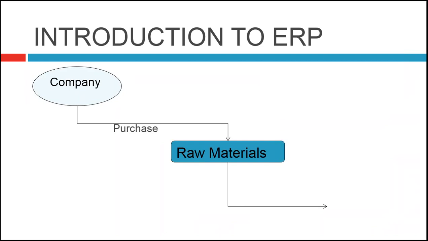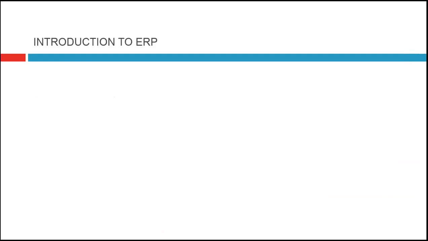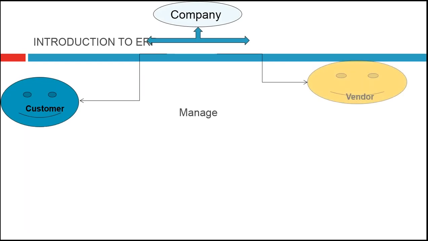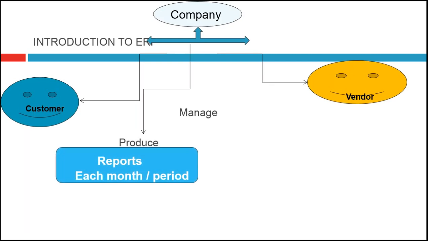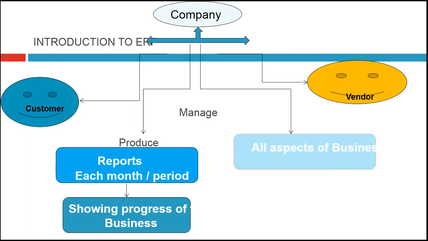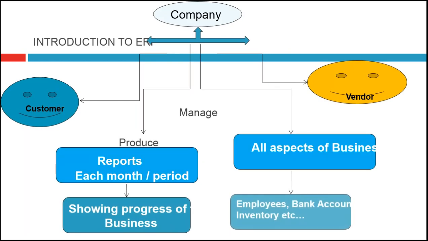If the company doesn't have raw materials, they'll purchase these raw materials from vendors. So the company not only has to manage the vendors and the customers, it also has to produce reports on a monthly or periodic basis showing the progress of the business in all aspects, and also manage the employees, bank accounts, inventories, etc. Do you think this can be managed by a single person of the company?